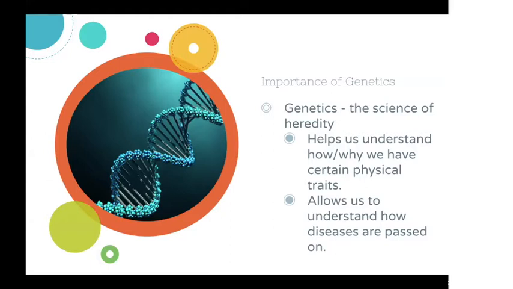And why that's important is that it helps us understand how or why we have certain physical traits like phenotypes. It also helps us understand how diseases are passed on, which really helps preventing a lot of diseases. And the more you understand diseases, the easier it is to cure them.